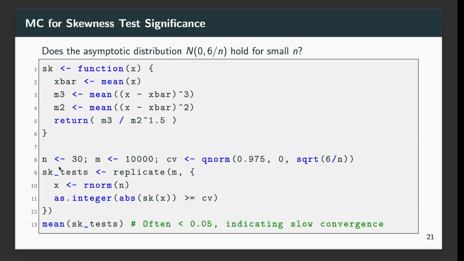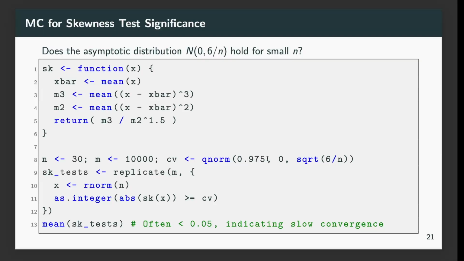In this case, we set the sample size to be 30, as we mentioned just now. This is a small enough sample. Then we generate 10,000 replicates, and for each of the replicates, we draw 30 standard normal observations. The critical value CV is derived by using qnorm of 0.975.